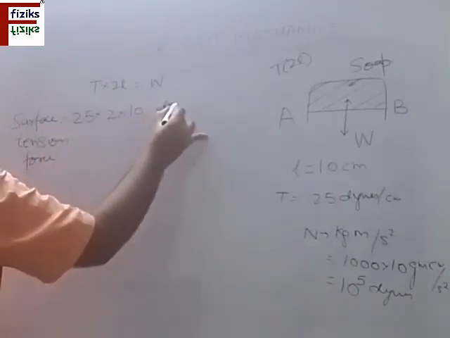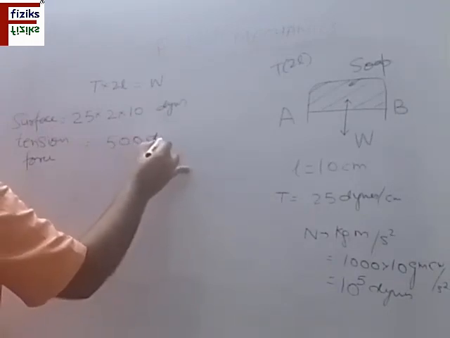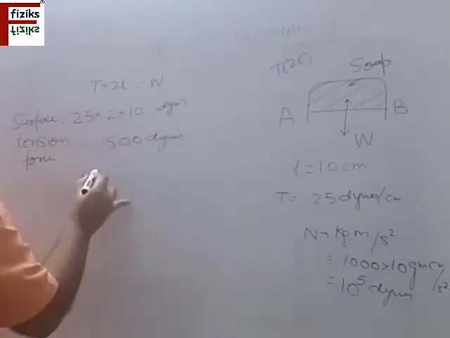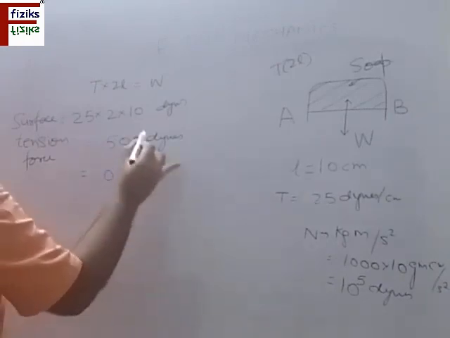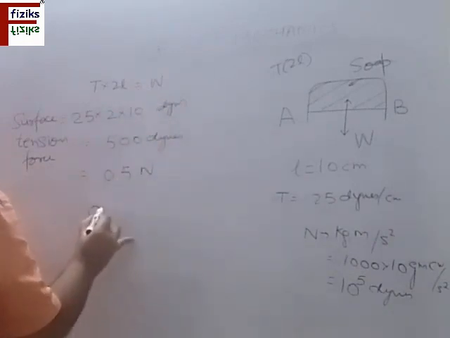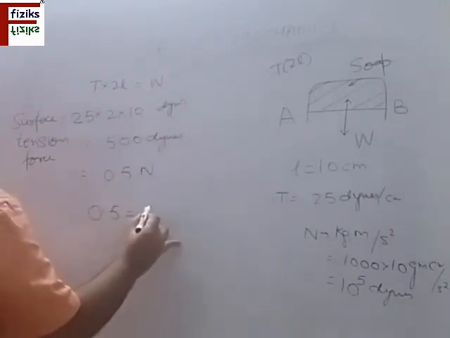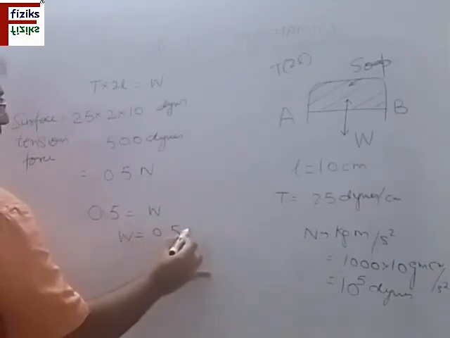This is 500 dynes. Convert this into Newton. This will be 0.5. Now this must be equal to the weight being put, W. So W is 0.5 Newton.